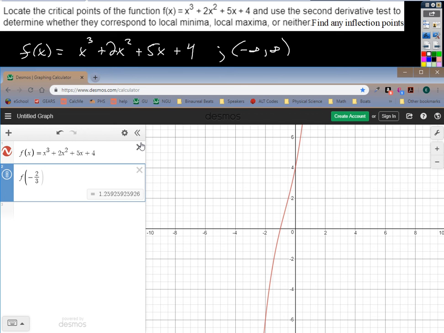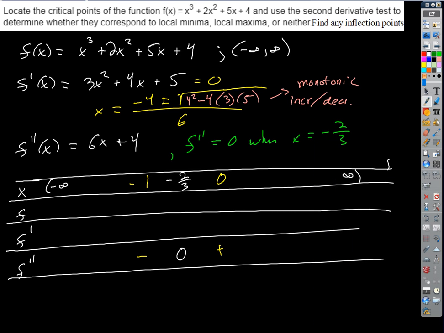So if we wanted to just estimate, it's about 1.26. All that's doing is telling us the x and y coordinates. So it's giving us the coordinates of that point, which is a point of inflection, right?